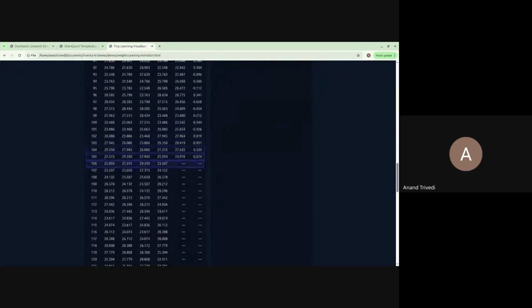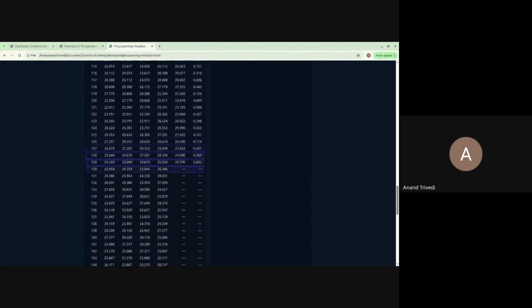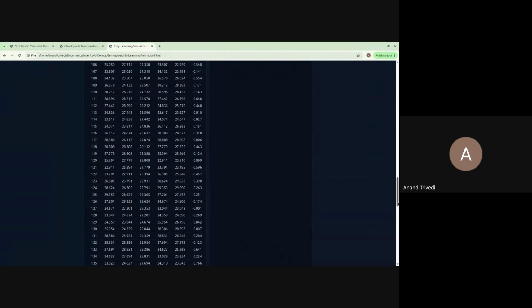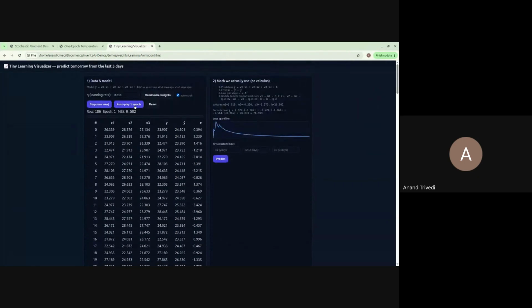Let it calculate one complete run over all the data, that is one round, and technically we call it an epoch, right? You might have seen this, this is an epoch. An epoch is one complete round with all the data. I can run it once more to bring my error down, right?